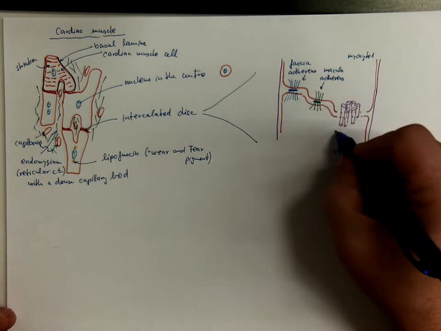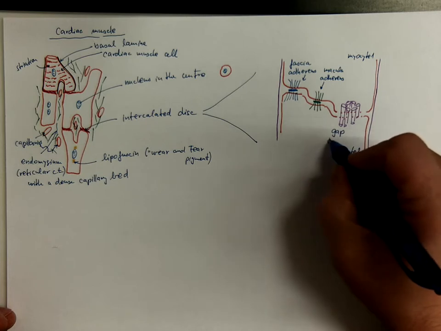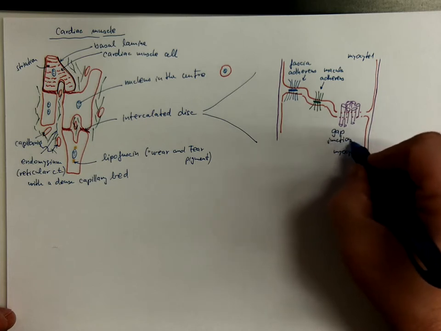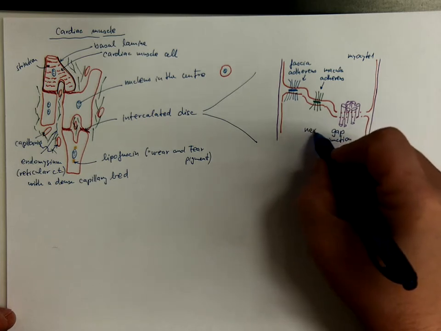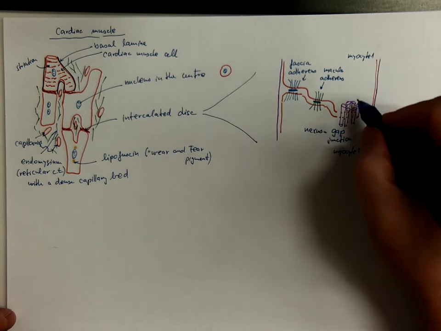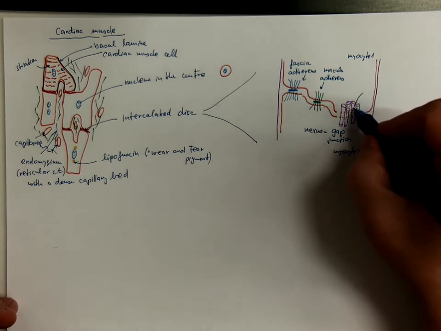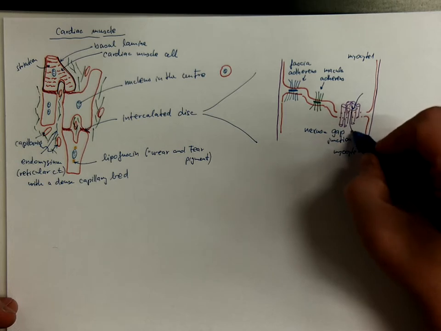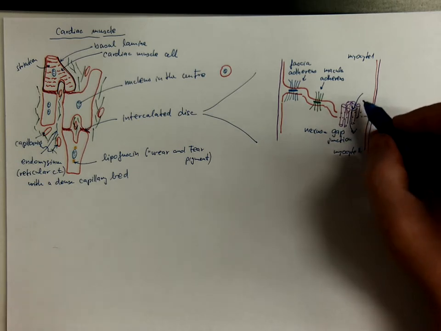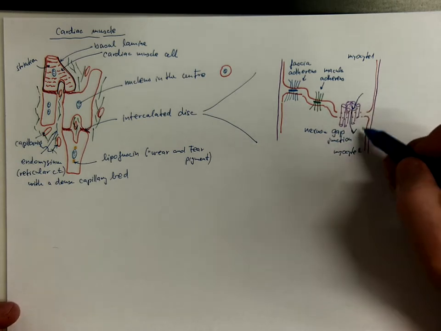So it's a gap junction. Another word for that cell junction is nexus, and it permits small molecules, including ions, to pass through. So the sarcoplasms of two cardiac myocytes are electrically coupled.